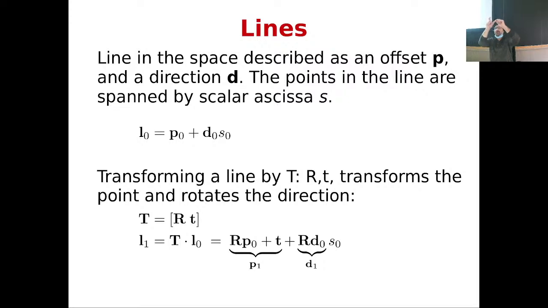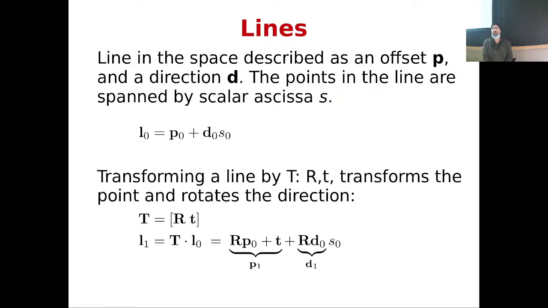So I have a unit vector d0 that describes the direction, and then I can describe every single point of the line by moving this scalar s along the direction back and forth. It's like magnifying the direction or shrinking it, also in the negative sense. Do you see it?